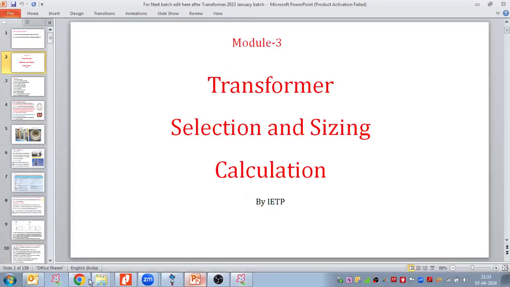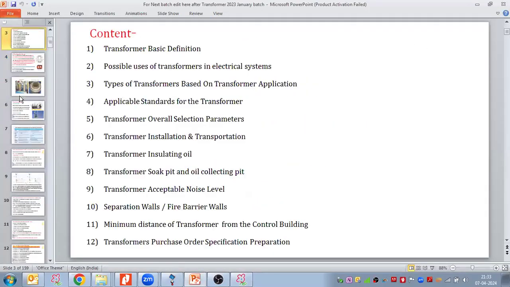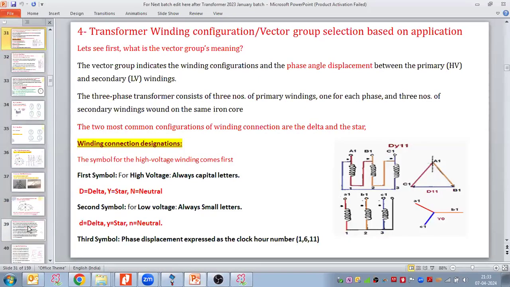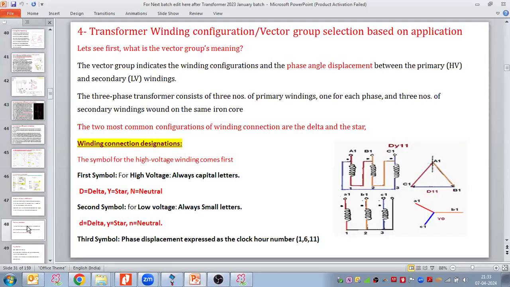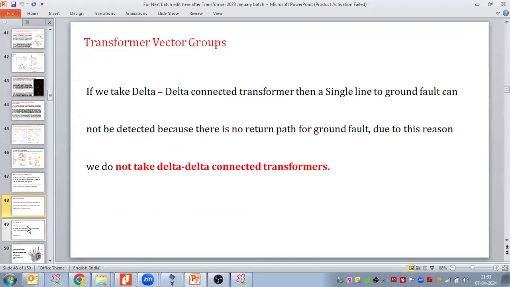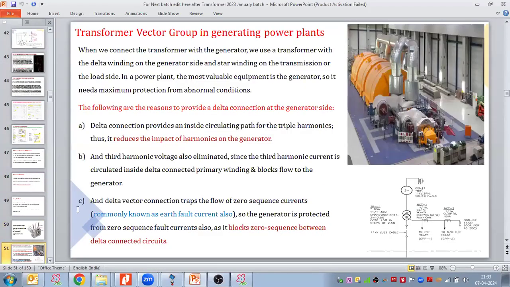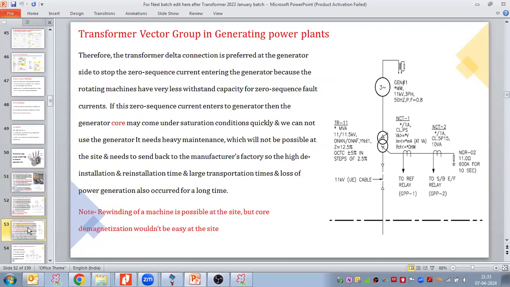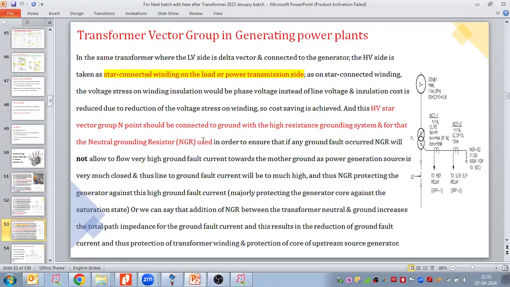Let me come back. Just a 2-minute review of what we have discussed yesterday. So coming back to the power plant, we discussed why we take the NGR. Here we have discussed about the NGR.